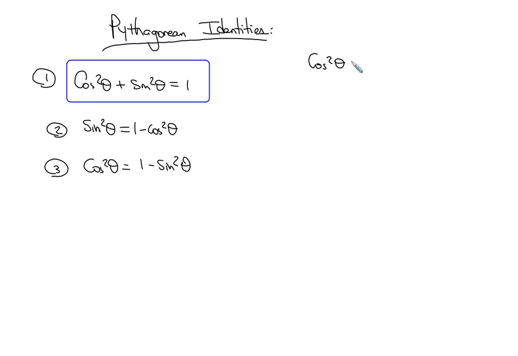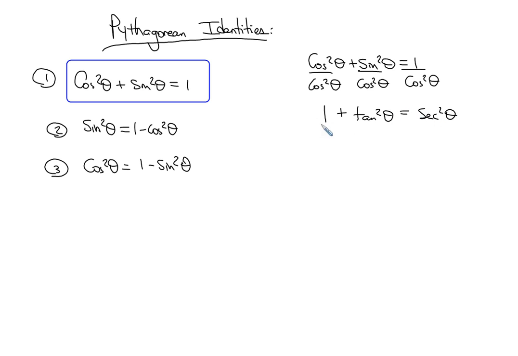First of all, if I take cosine squared plus sine squared equals 1, I can divide everything by cosine squared. That's legal, right? Because we know they're equal. That becomes 1 plus tangent squared equals secant squared theta.